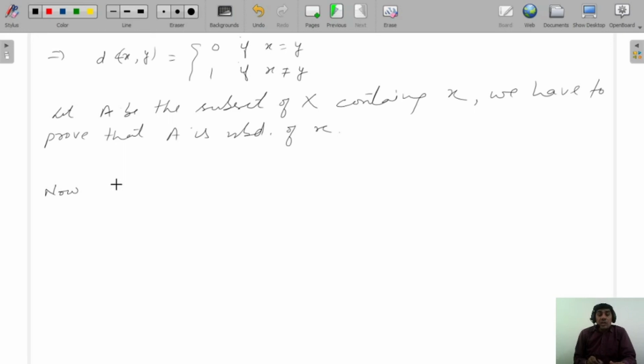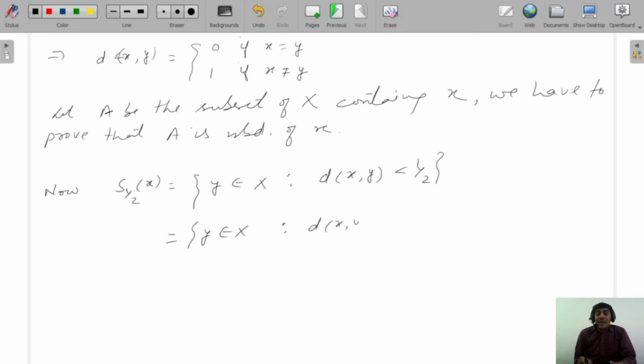Now, the sphere centered at x with radius 1/2 is equal to the set of y belonging to capital X such that distance between x and y is less than 1/2, which is equal to the set of y belonging to capital X such that distance between x and y is equal to 0, because in a discrete metric space distance between two points is either 0 or 1.